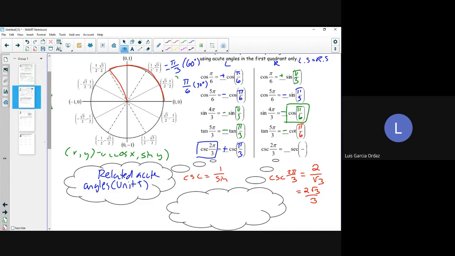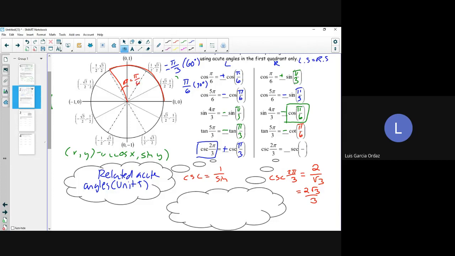So we know cosecant is equal to 2 root 3 over 3. All right? What correlated angle are we going to be looking at now? Pi over 6. Okay?